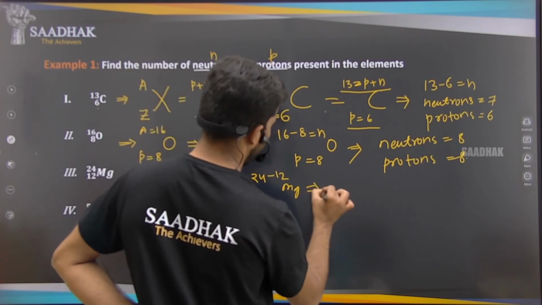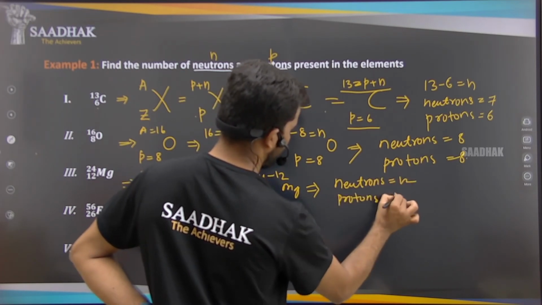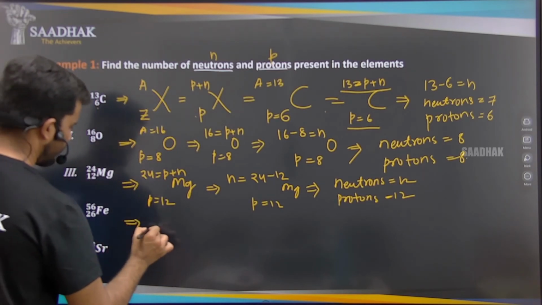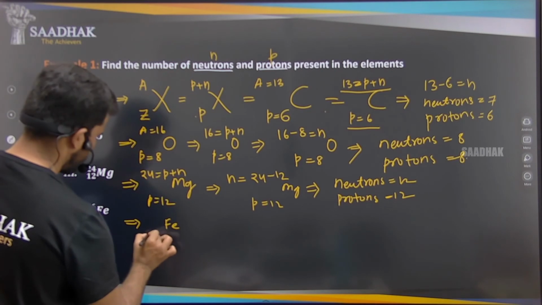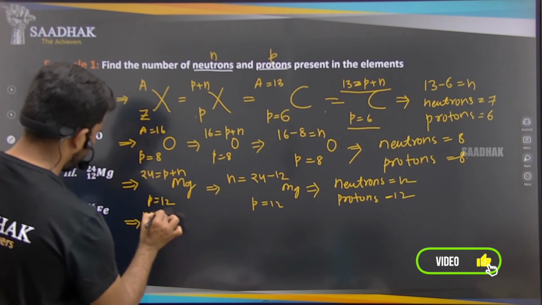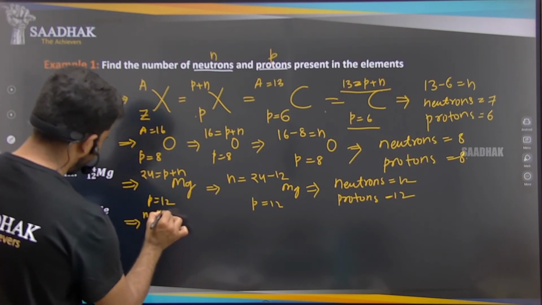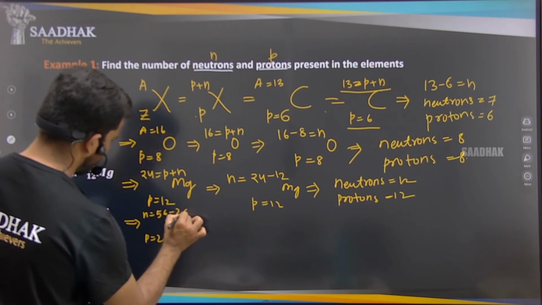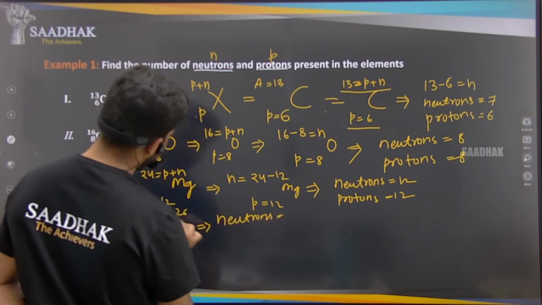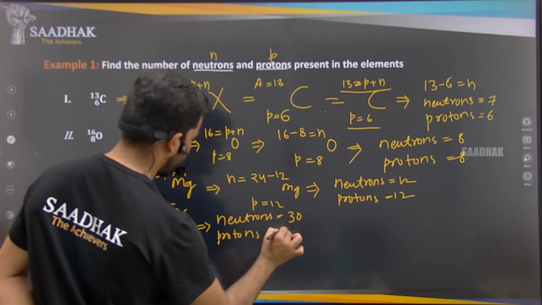So the neutrons are 12 and the protons are 12. Now iron directly. Fe, P equals 26 and the neutrons equal A minus P, so 56 minus 26. So the neutrons are 30, and the protons are 26.